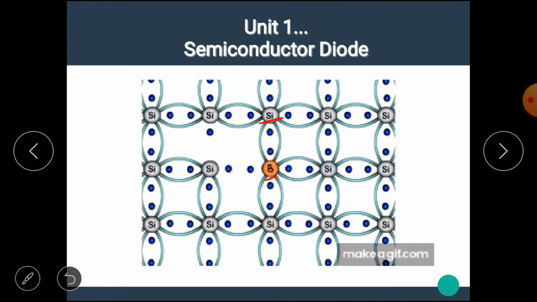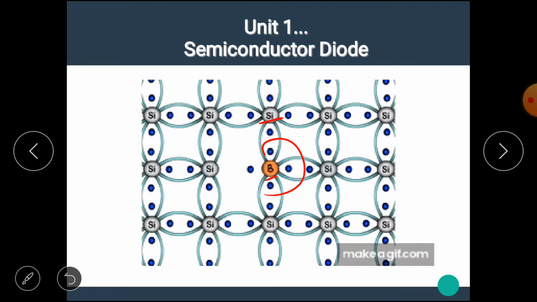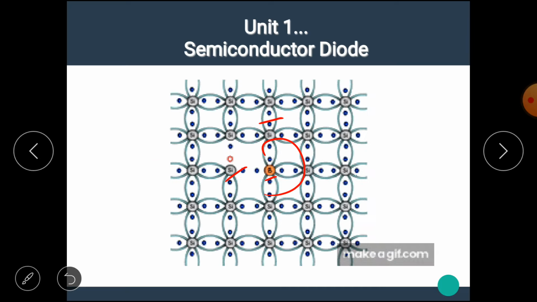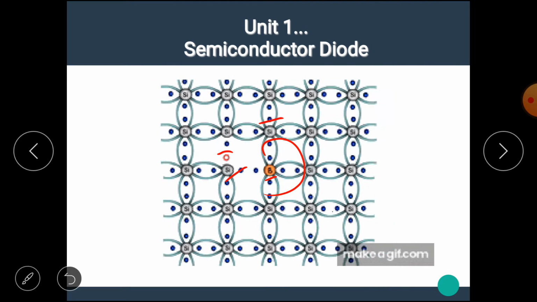It is shown here that when the boron atom is added, the 3 bonds are made and the hole is moved. This movement of the hole constitutes the current. I hope now you understand the p-type semiconductor material.